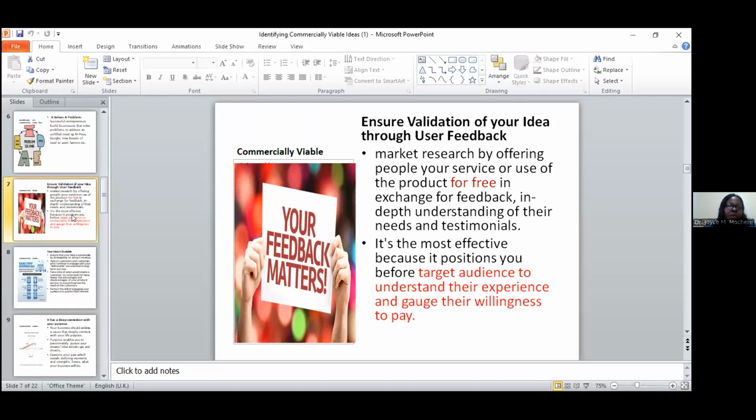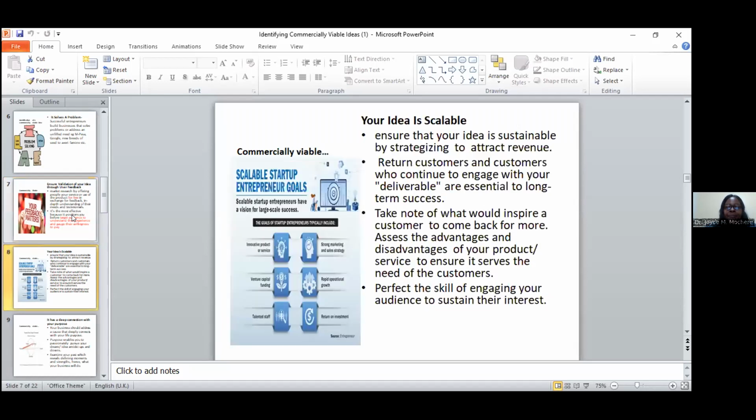Remember, at this point, you are really not thinking about profit, but you just want to try out. So you're giving people that kind of service or product so that, through the feedback, you can understand their needs. Is it meeting their needs? This particular method is the most effective because it positions you before that audience or that market, the people who are going to engage with your idea.